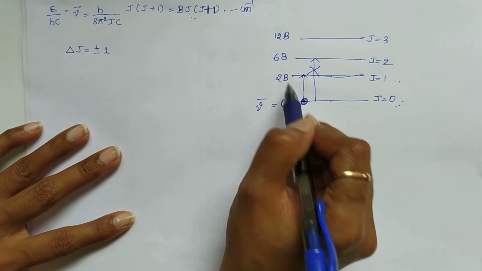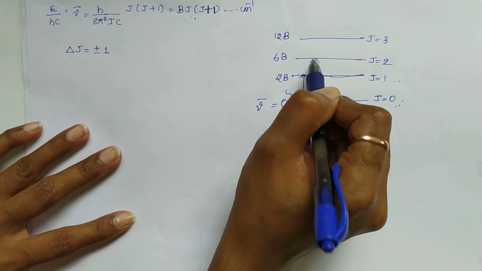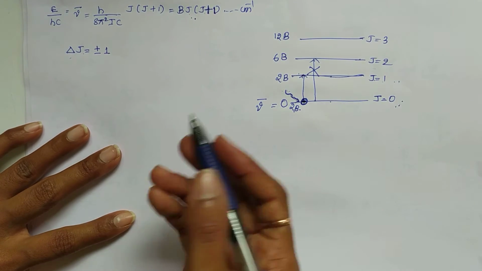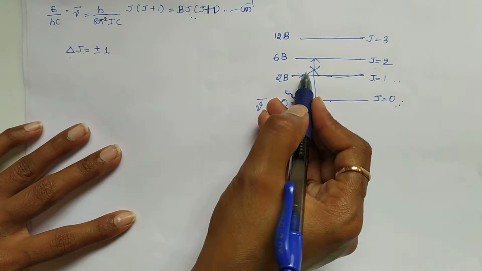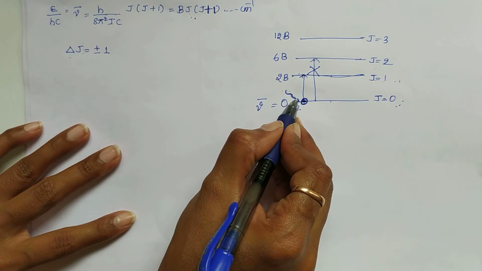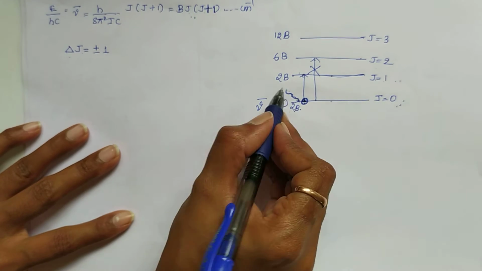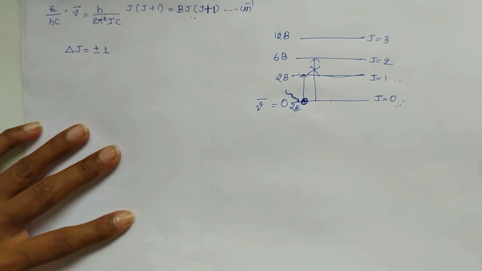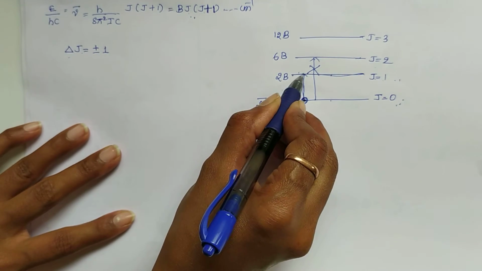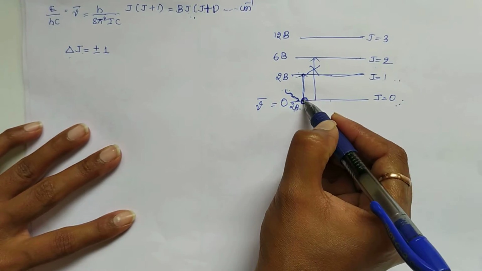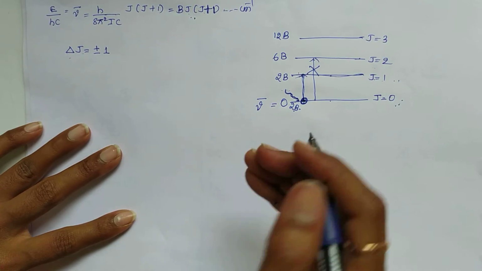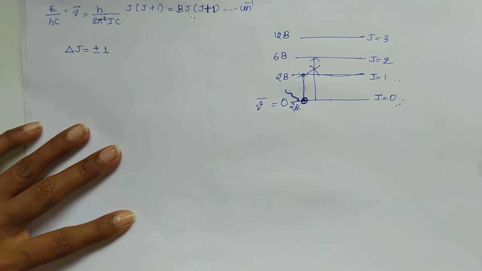But directly from here to here is not possible. If you give radiation having the energy 3B, 4B, 5B, even 6B, transition is not possible. The transition is possible only if you send an electromagnetic wave having the energy 2B. As I told in the earlier videos, rotational energies are quantized, they are fixed.